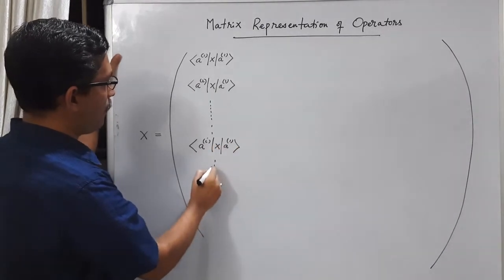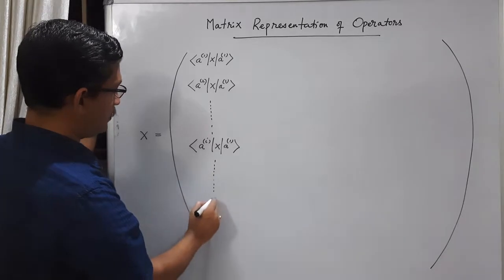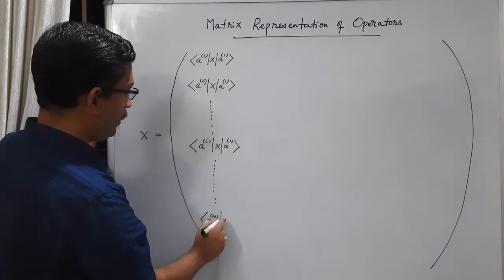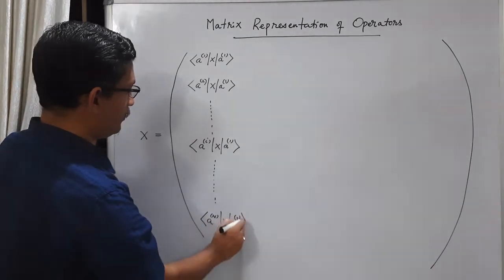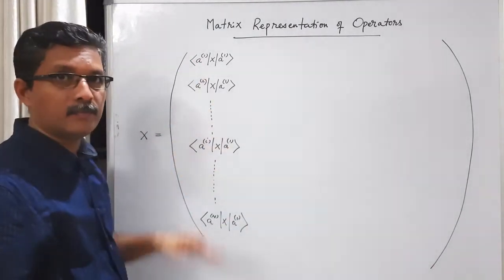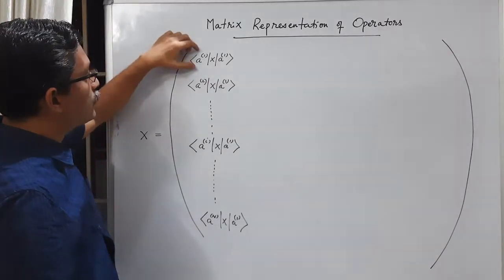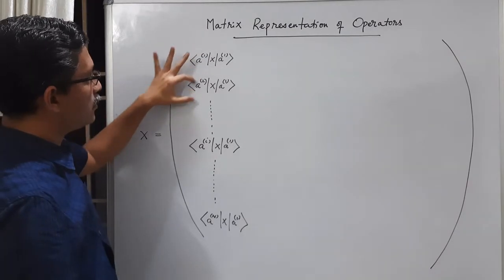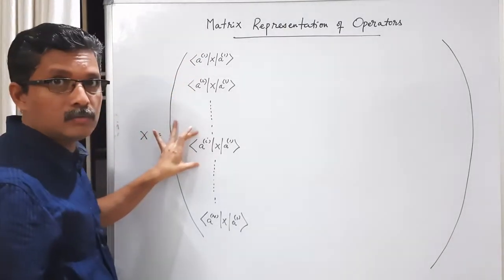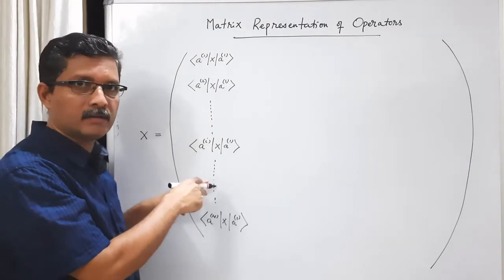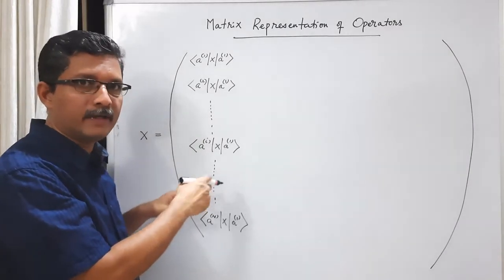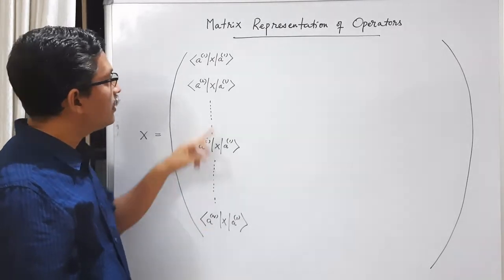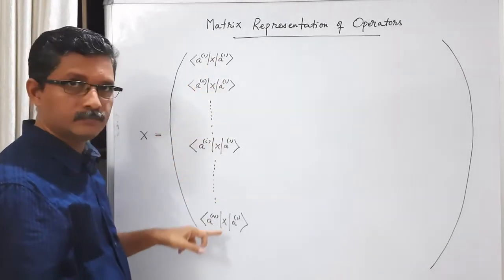This is the ith row, and this is the nth row, ⟨an|x|a1⟩. So this is the first column. You can see that the bra vector represents the row index: first row, second row, third row, ith row. We need this generic ith row, and finally the nth row. The column index remains the same, a1.